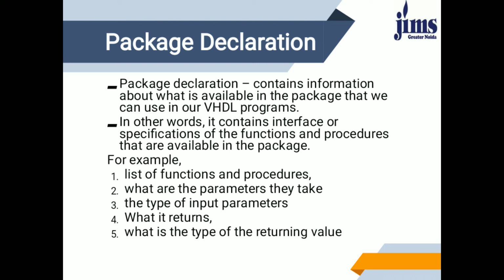So instead of writing code for the XOR gate for each entity separately, a user can write, compile and store the XOR gate design in a package ABC, and any entity which needs an XOR gate can simply include the package ABC. To include it, we need to write package ABC, then entity colon XOR underscore K. And then we can use it any number of times in any number of entities designed in different design libraries.